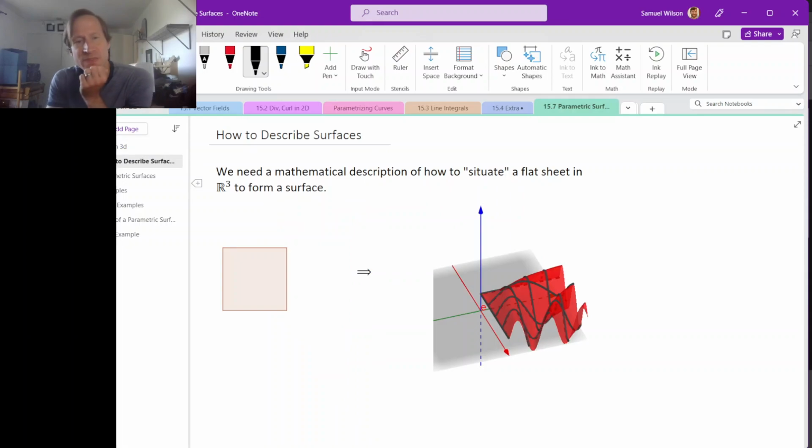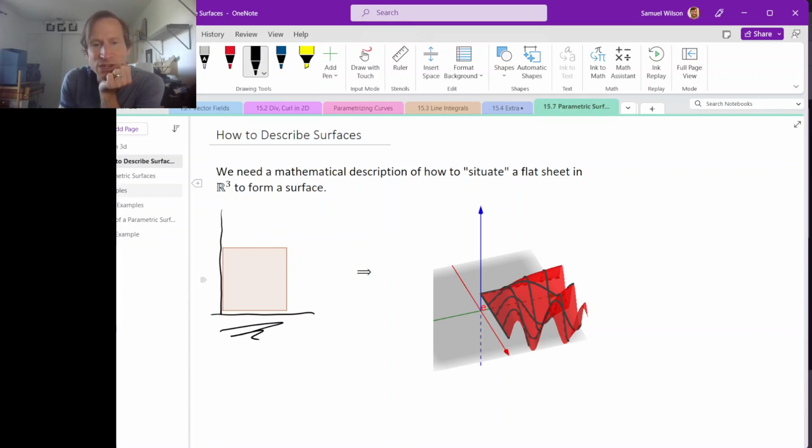So the idea here is we're going to imagine that we have a flat sheet of material, usually living in the UV plane, so some parameter space. And we're going to imagine doing some sort of operation on it to situate this sheet of material in 3D space. Along the way, it's probably going to get bent around and twisted to make the shape of the surface that we want.